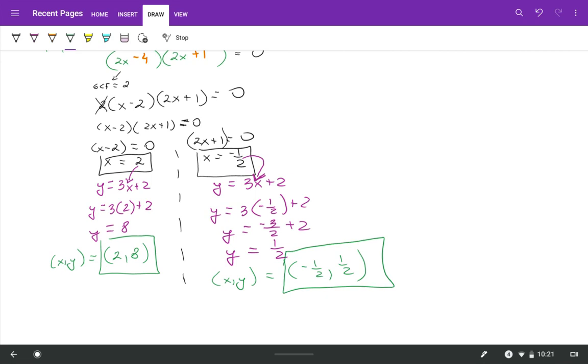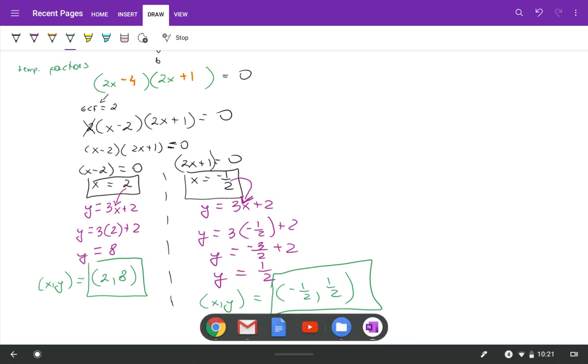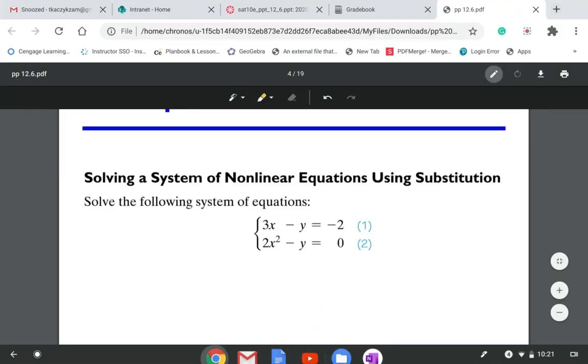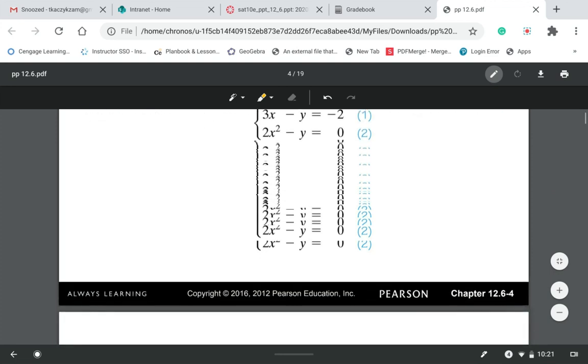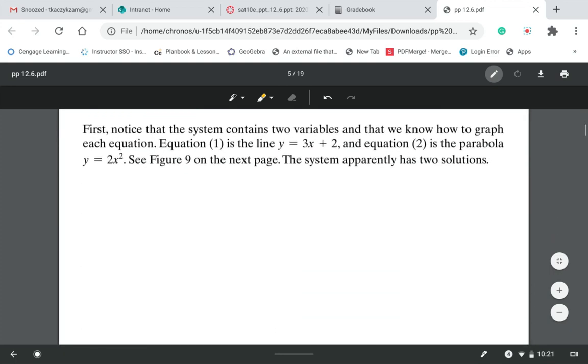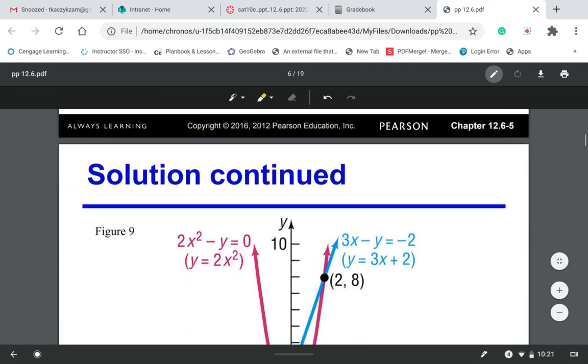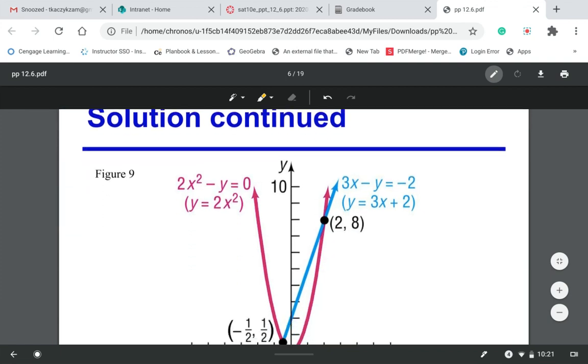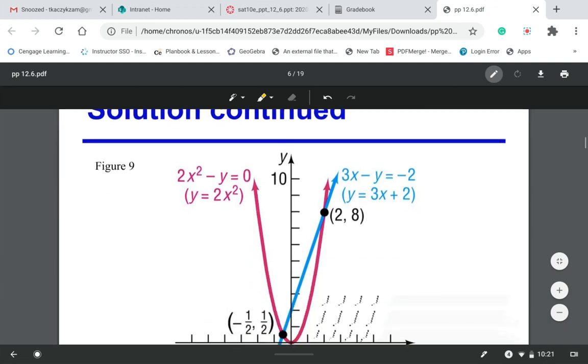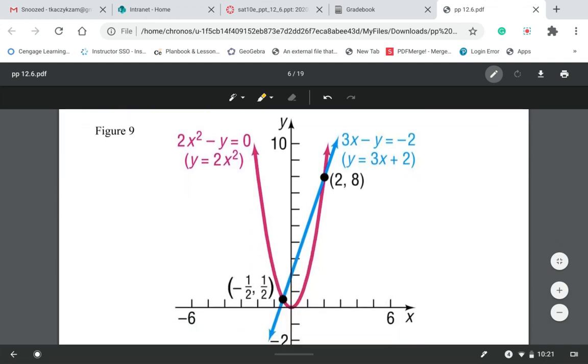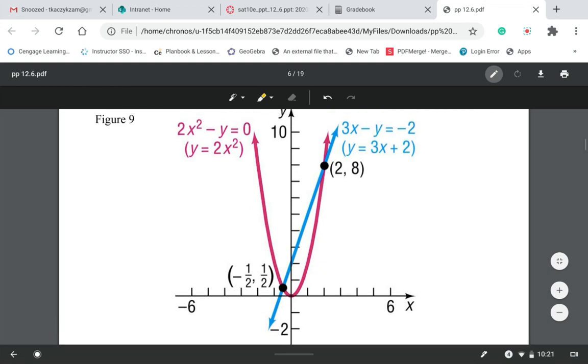So how does that look on the graph? I used the substitution method. Let me go back to PowerPoint. I'm going to skip graphing, but your PowerPoint shows you, as I mentioned, that we had a straight line, the graph in blue, 3x minus y equal -2, which is the equation of a straight line, and the pink graph 2x squared minus y equals 0, which is a parabola.